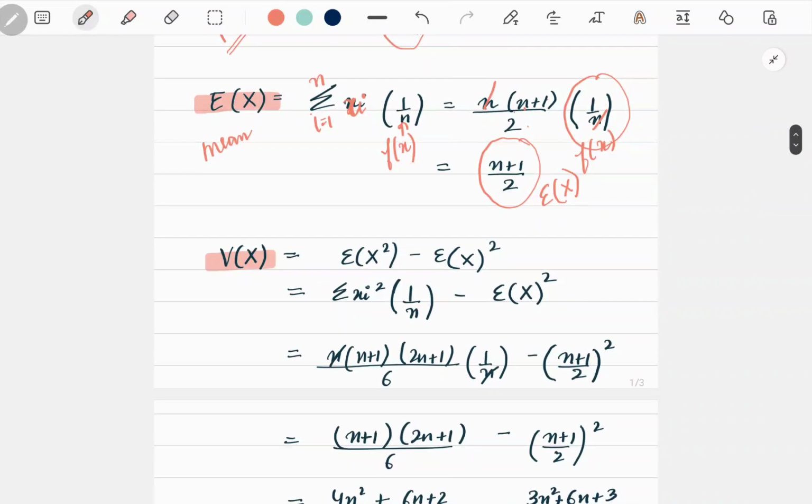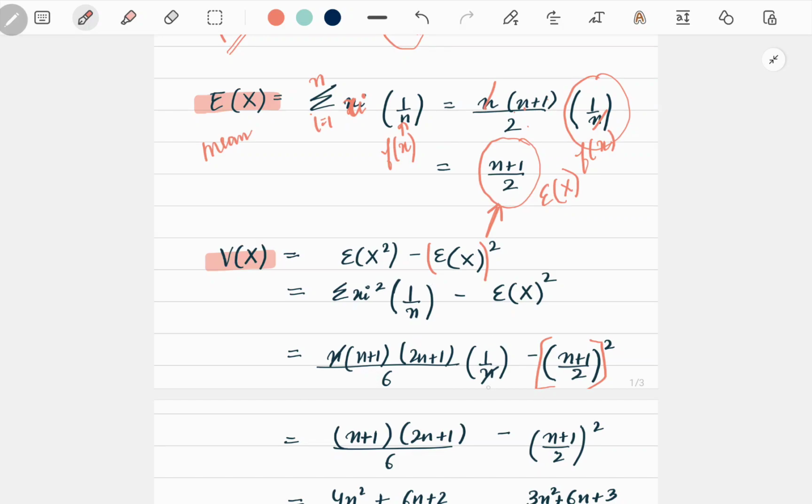Moving forward, we will now calculate the variance of x. Variance of x is nothing but expectation of x square minus expectation of x whole square. Expectation of x we have already calculated, which is n plus 1 by 2, and we will simply square that value here. Also we need the summation of xi square into 1 upon n.